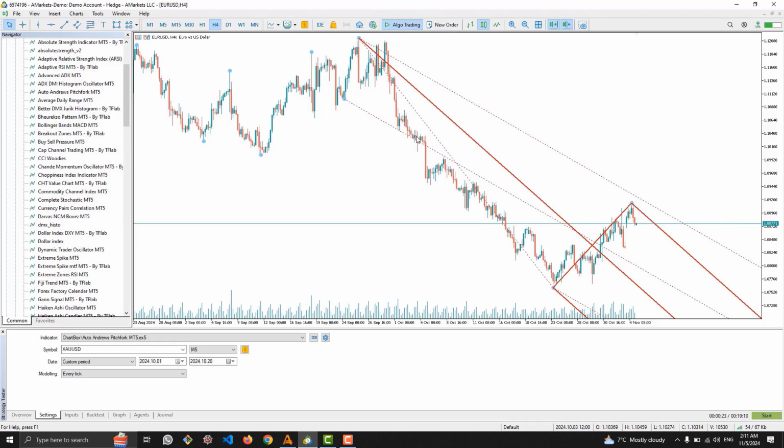Together, we will see the live test of this indicator on the MetaTrader 5 platform.